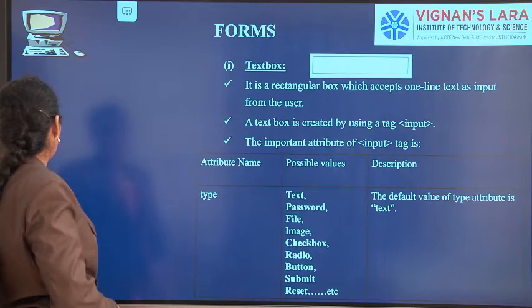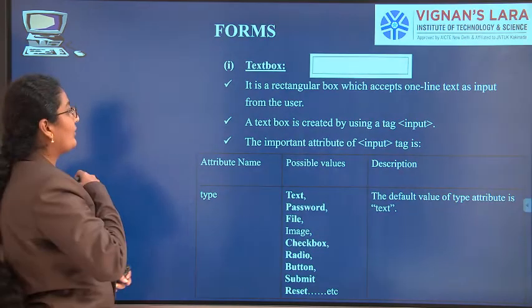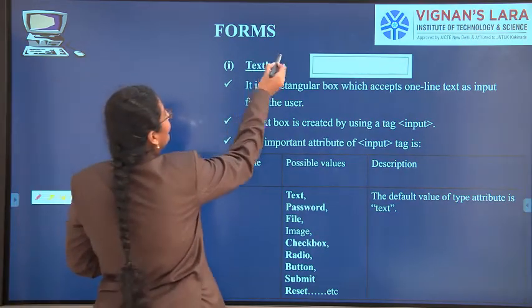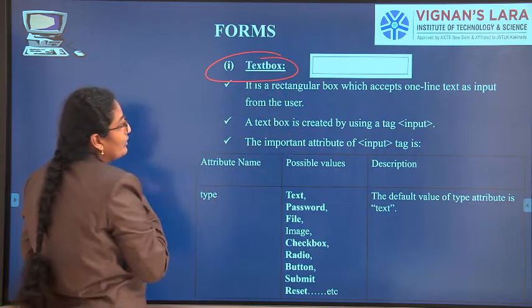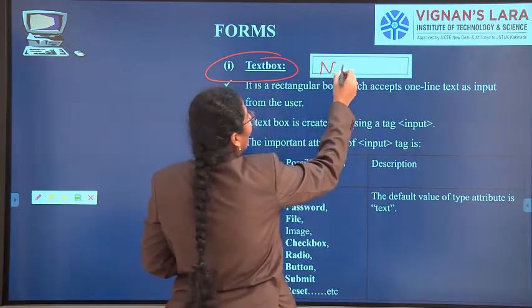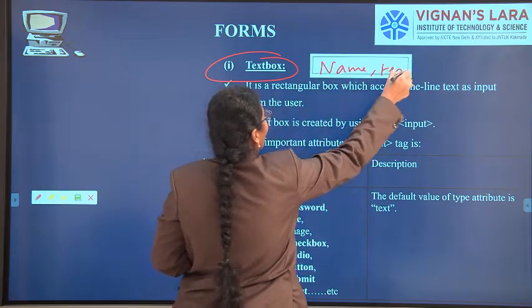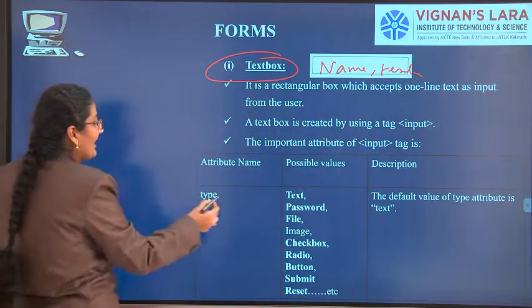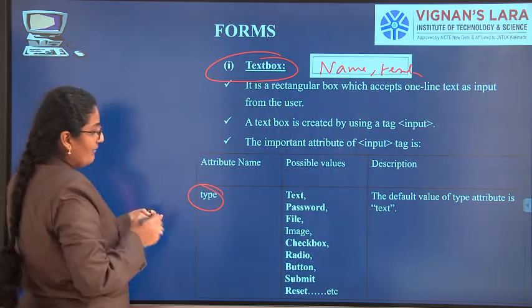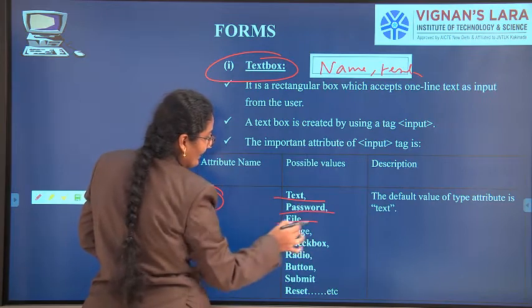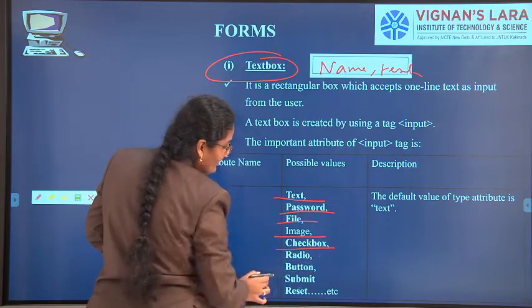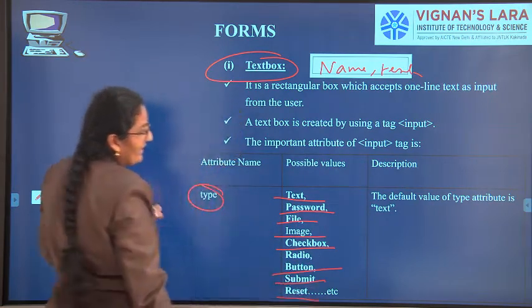See, actually we are going into attributes of the form. As I told you before, text box is the first, where you can enter your name or any text. See here, the first attribute is type. This can be text, password, file, image, checkbox, radio button, submit or reset button, anything.